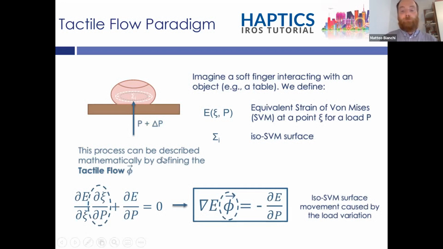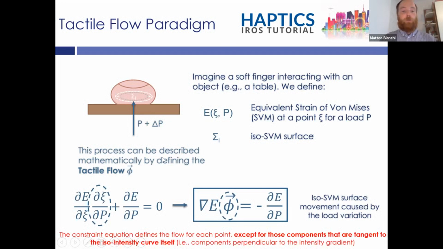which can be described by this equation. But this equation, the constraint equation, defines the flow for each point except for those components that are tangent to the iso-intensity curve itself. So the equation is ill-posed and can produce some illusions.